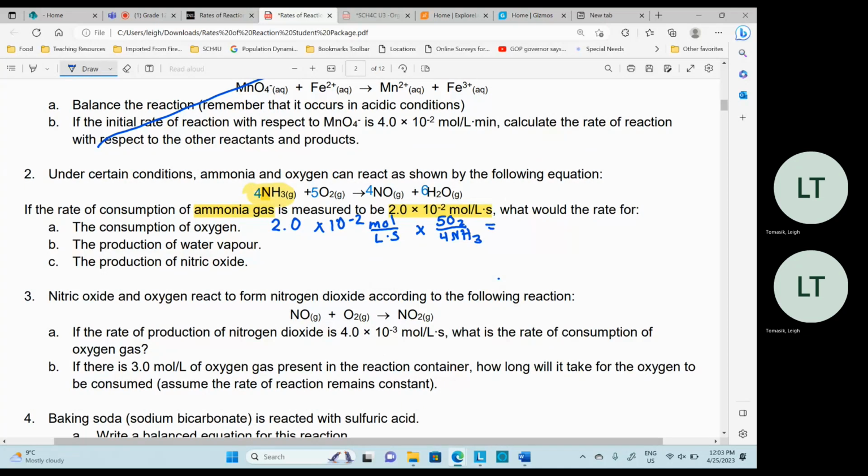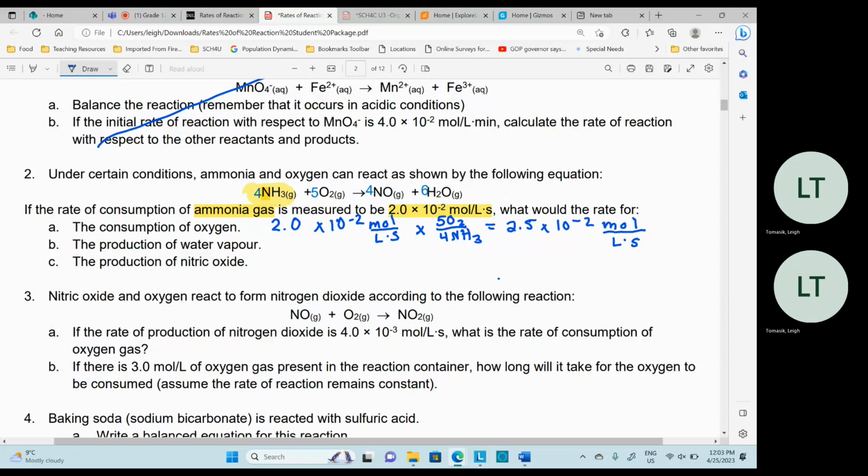So our rate is going to go up. And it's going to be, I believe, so if we divide 20 by 4, we get 5 times 5. So this can be 2.5 times 10 to the negative 2 moles per liter second. You definitely don't have to do this in your head. I'm just a very specific type of lazy person who doesn't like to pick up their calculator.